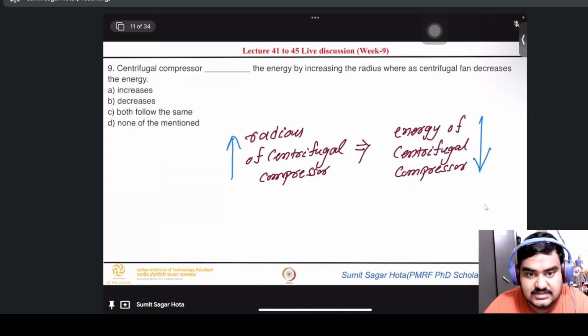So radius is inversely proportional to the energy.